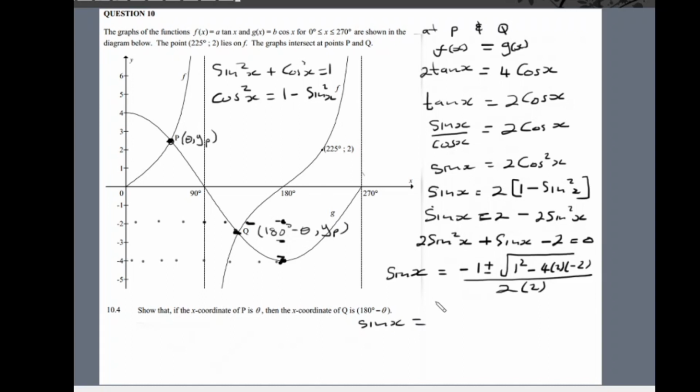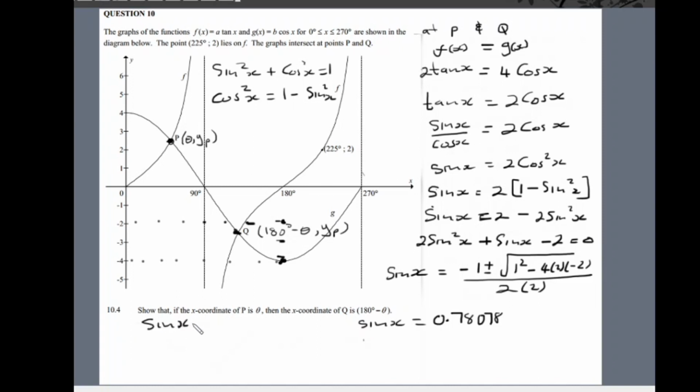Let me substitute this in my calculator: minus 1 plus or minus the square root of 1 squared minus 4 times 2 times minus 2, divided by 4. So the first solution is 0.78078, right?